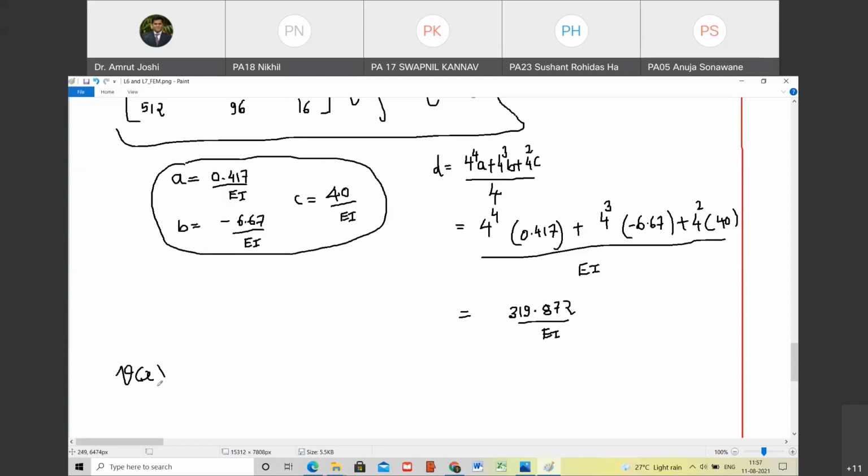V of x is going to be 0.417 by EI x raised to 4, minus 6.67 by EI x cube. Do you agree with me? Yes, sir. Plus 40 by EI x square, plus 319.872 by EI x. Are you with me?